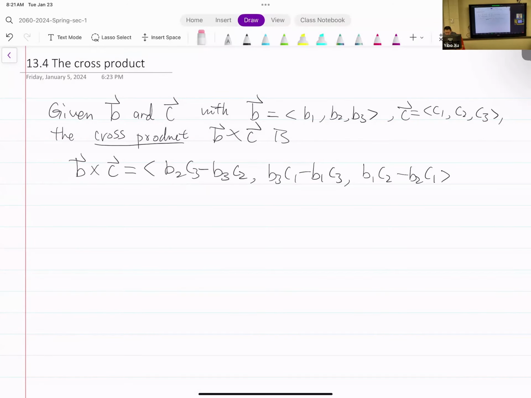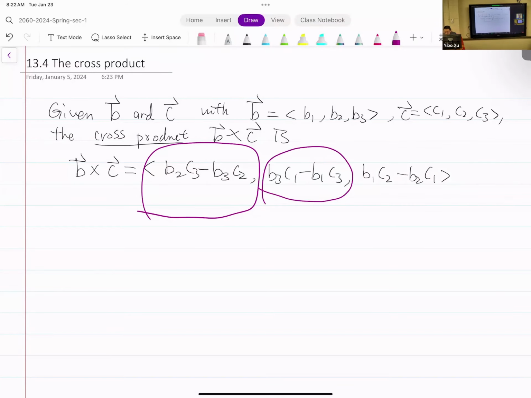So there are only two possible ways of constructing terms from B and C using different indices and not using the index 1. It's only 2, 3 or 3, 2 from B and C respectively. And the similar thing happens with the second component.